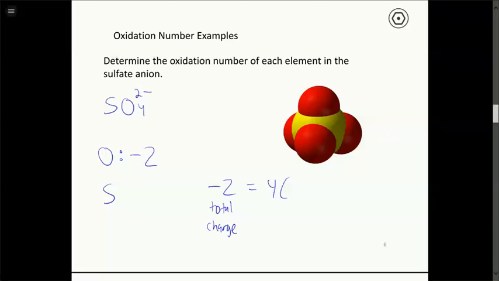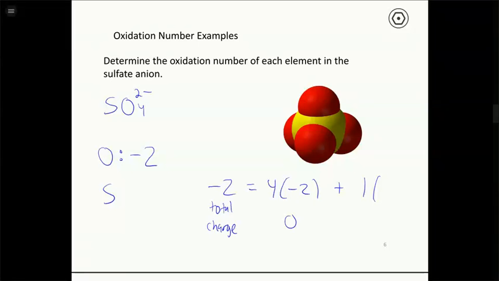There are 4 oxygens, each with a -2 charge. And then if we have 1 sulfur, what does its charge have to be such that the sum is equal to -2? That comes out to +6. All right, so if sulfur is +6, we have a +6, we have 4 -2s. The sum of those equals -2, which is the overall charge in the anion. So sulfur is +6.